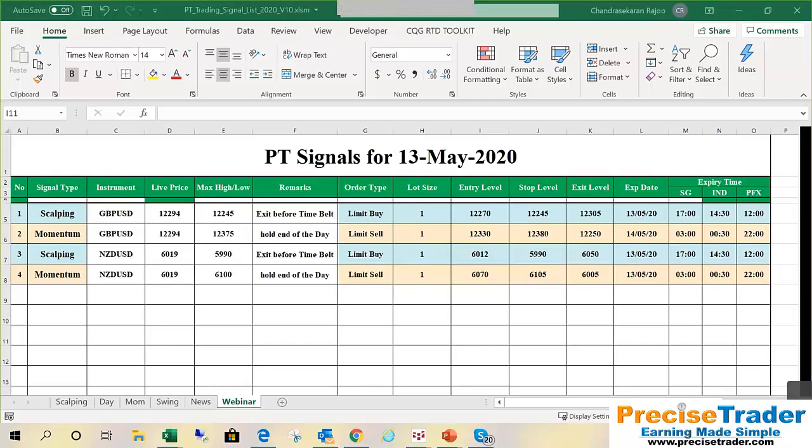I don't want to lose that 25 pips, so I will revise my stop level to 12280 or 12285. If I exit at 85, it's still stopped out, because this level has been triggered. But when I exit at 85, I make a profit of 15 pips. So either way, it doesn't matter.